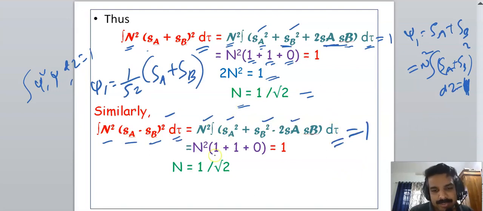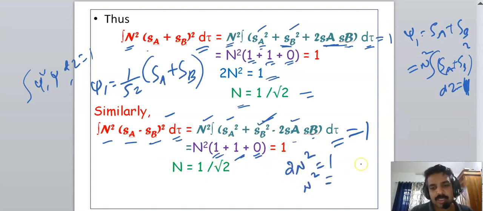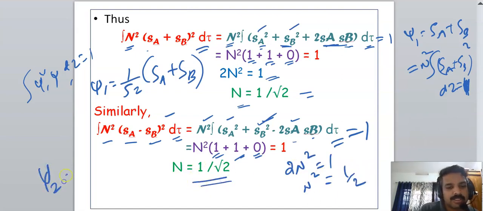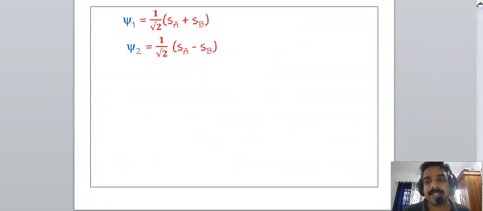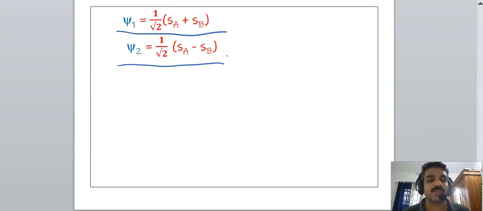The integral of SA square is equal to 1, the integral of SB square is equal to 1, and the integral of SA SB is 0, orthogonal. Again we get 2 N square is equal to 1, N square is equal to 1 by 2, N is equal to 1 by root 2. Therefore we can write psi2 is equal to 1 by root 2 into SA minus SB. So we get two normalized SALCs: psi1 is equal to 1 by root 2 SA plus SB, and psi2 is equal to 1 by root 2 SA minus SB.